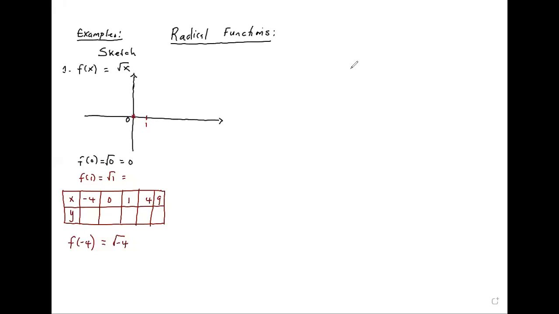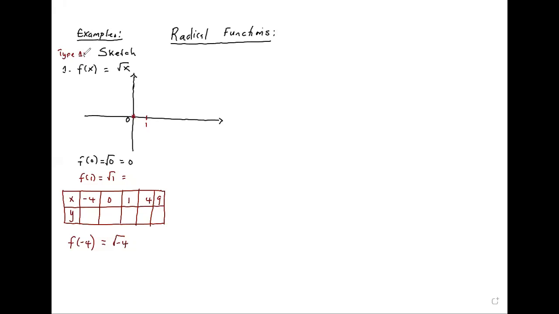This is type 1. So we'll have f of negative 4 is equal to root of negative 4, which is unknown, because these functions are real functions. So the square root of a negative number is undefined.